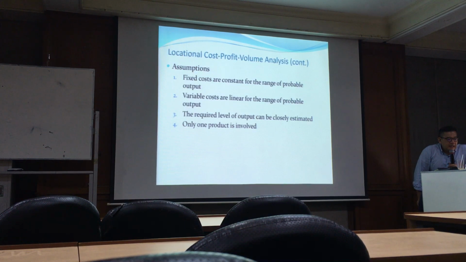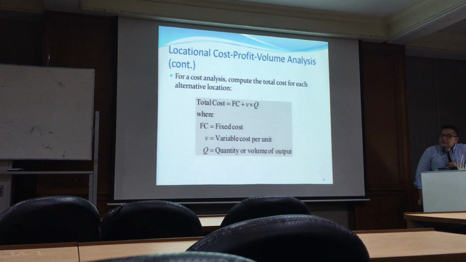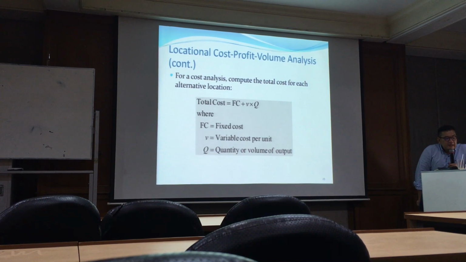We also assume the level of output is very close to the estimate, and only one product is involved. It's just like what you saw in the capacity chapter in the previous course. So the total cost is the fixed cost plus the variable cost multiplied by the quantity of output, and for sure this is a linear cost line.